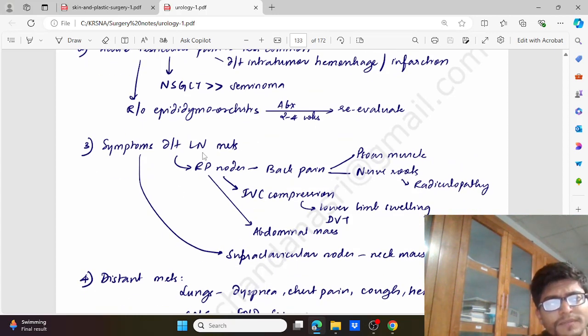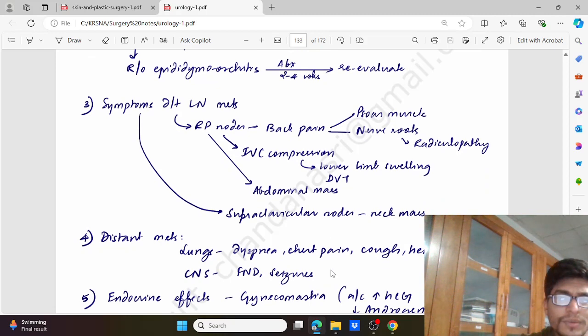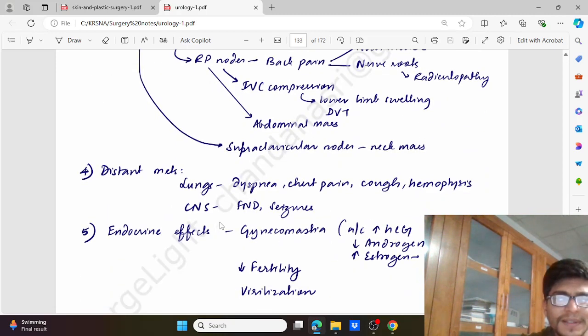Then symptoms due to lymph node metastasis could be retroperitoneal lymph nodes causing back pain, psoas muscle involvement, nerve roots causing radiculopathy, then IVC compression resulting in lower limb swelling, DVT, presenting as abdominal mass, and in the neck can cause supraclavicular nodes causing neck mass.